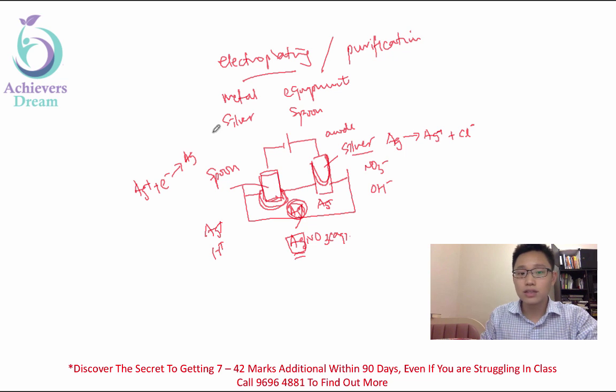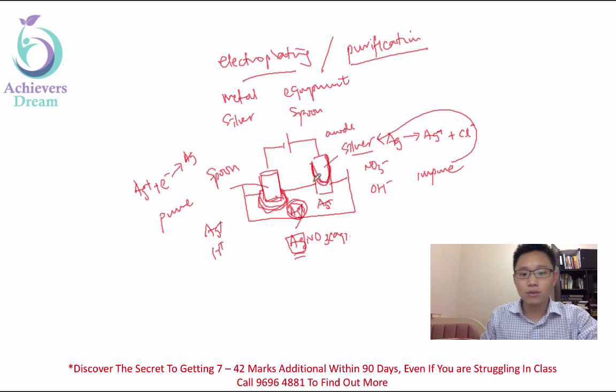So this is how the whole process works. You will see silver becomes smaller over here and bigger over here. Likewise, if we do purification, we put the impure metal here, and the pure metal over here, where it is being coated on.